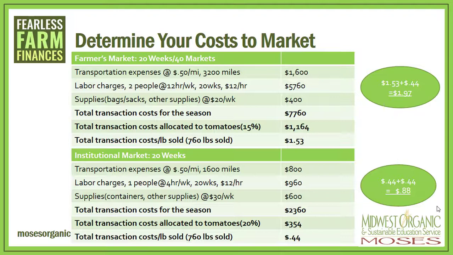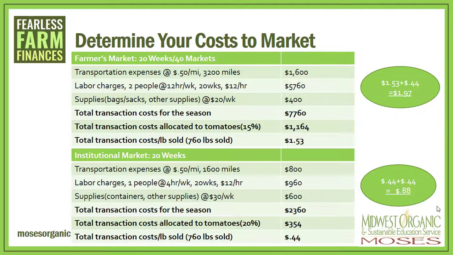So does that make sense? Does that make sense to sell to the farmer's market and to the institutional market? So which market will return the most profit? It depends on what prices you receive for the produce in the two markets. And we'll talk a little bit more about that towards the end of this module about pricing.